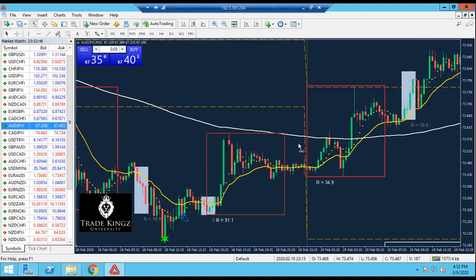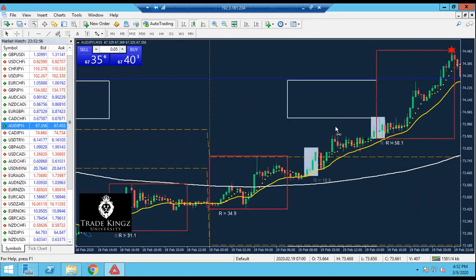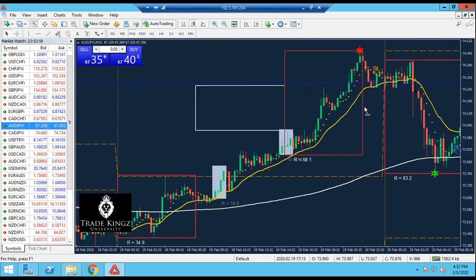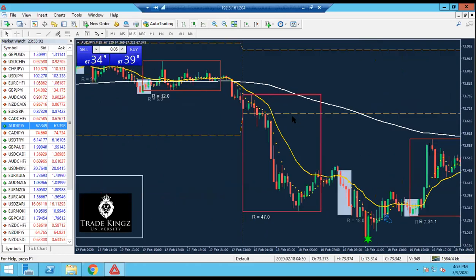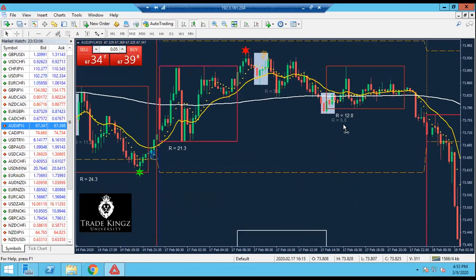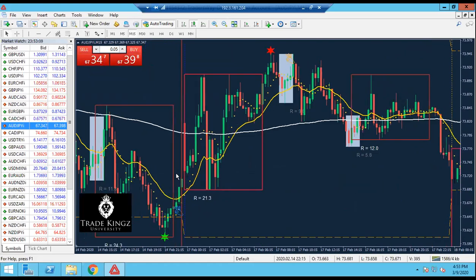This happened way before the cross, but as you see, when it crossed here, it gave us what we needed. Really good trend. It could have given you over 100 pips or so.